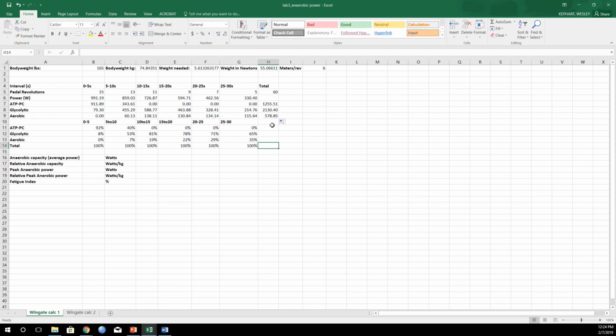So over the totality of this 30-second test, the ATP-PC system did around 1255 watts of it. The glycolytic system did around 2100 watts, and the aerobic system did 578 watts. Pretty interesting.